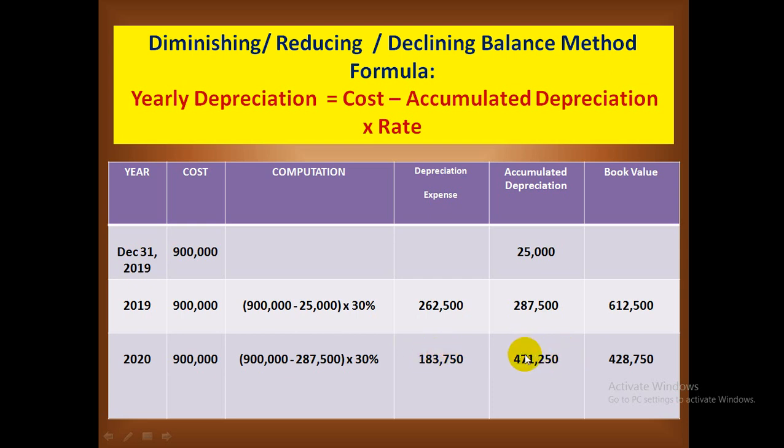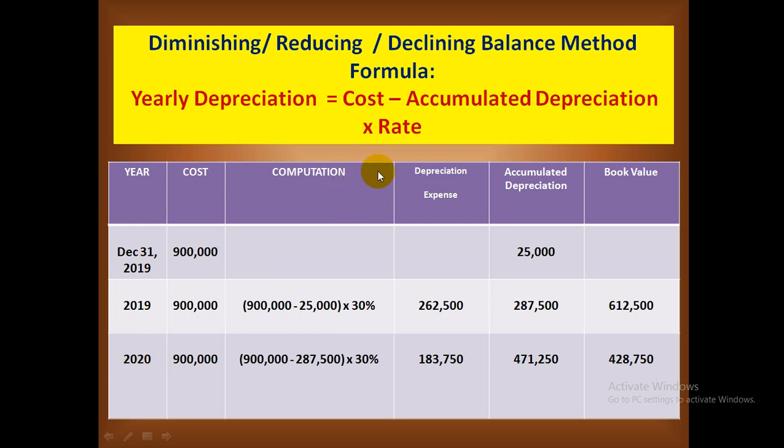Accumulated can be found by adding accumulated till the previous year and this year's depreciation, which gives you accumulated for 2020. The book value for this year can be calculated by subtracting accumulated from the cost of the machine. The book value is to be verified with the balance sheet when we prepare the partial balance sheet for 2020.